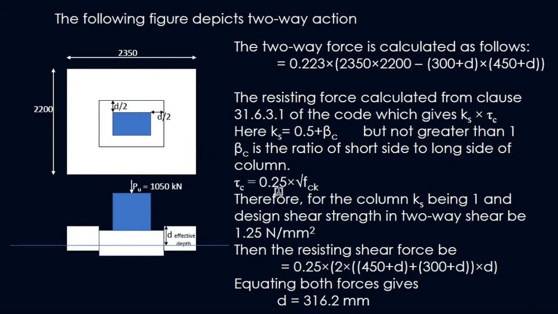Tau c is 0.25 into square root of FCK. So for the column Ks is 1 and the design shear strength in two-way shear is 1.25 Newton per mm square. Then the resisting shear force is 0.25 into 2 into 450 plus d plus 300 plus d into d. So at last we got the d value as 31.62 mm.